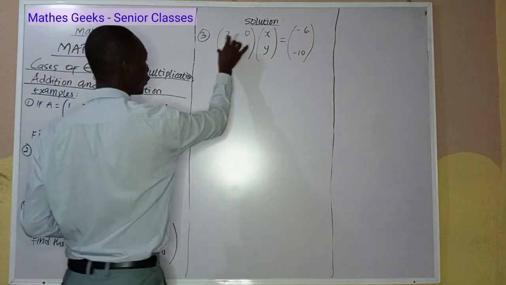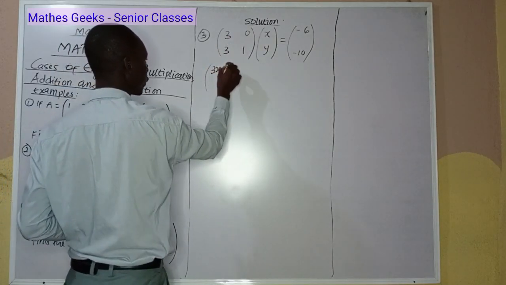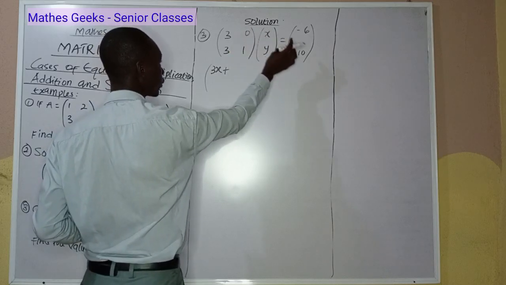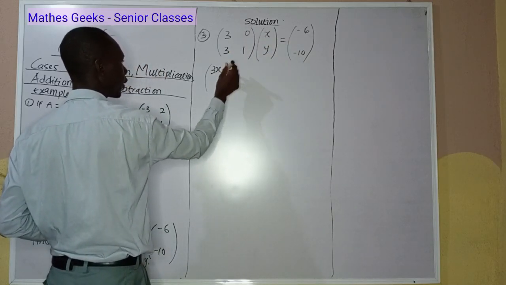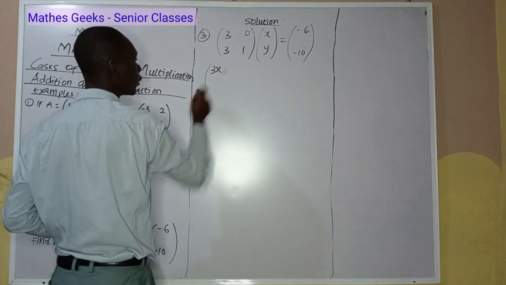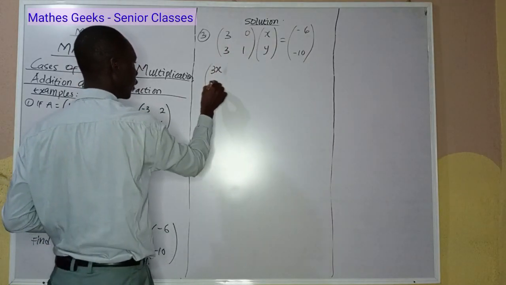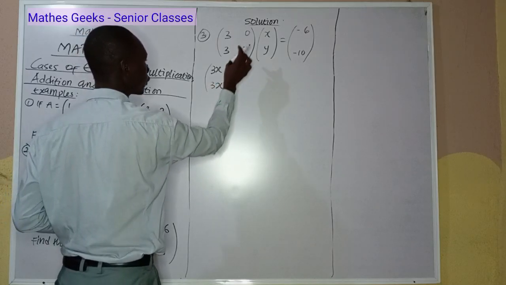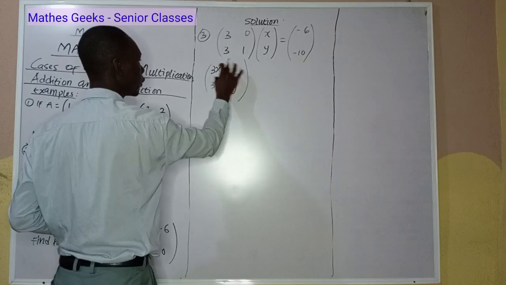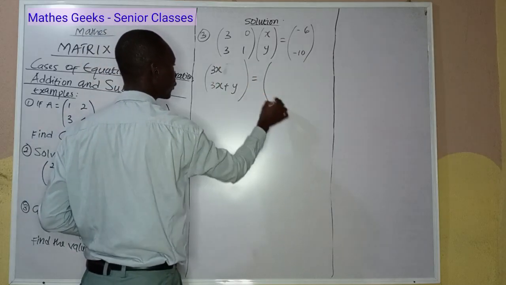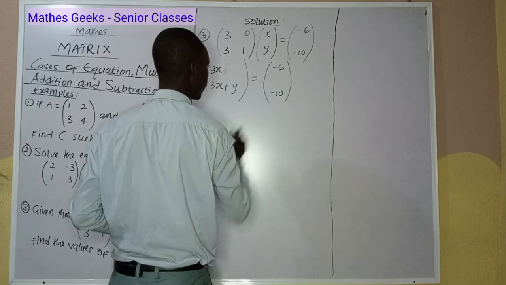So let's multiply: 3 times x is 3x plus 0 times y equals 0y. So there's nothing like 0y. And then the next one, 3 times x, 3x plus 1 times y gives us y. So this equals minus 6 and minus 10.